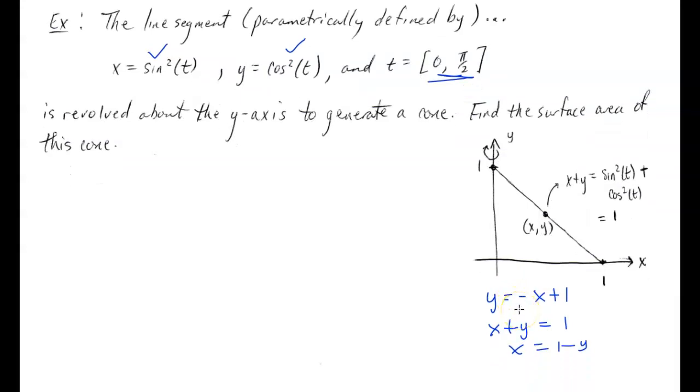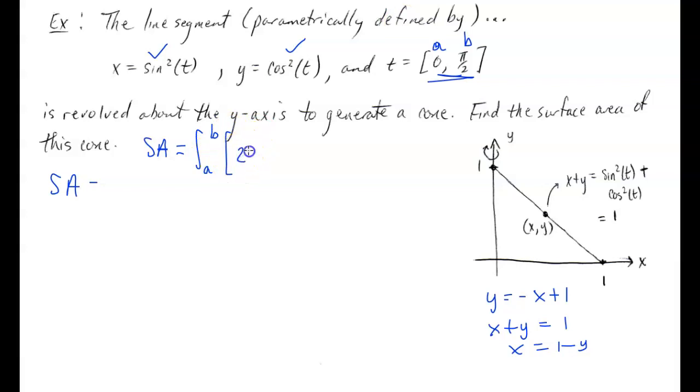Now we know, parametrically speaking, the formula for the surface area, and I actually write it up here, is going to be the integral from a to b, and of course this will be our a and this will be our b in this case.